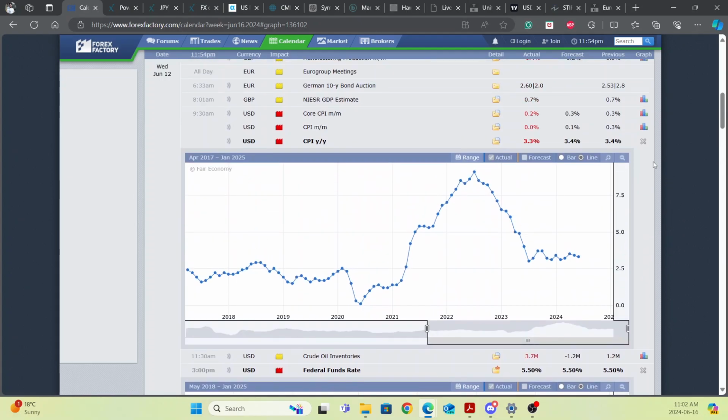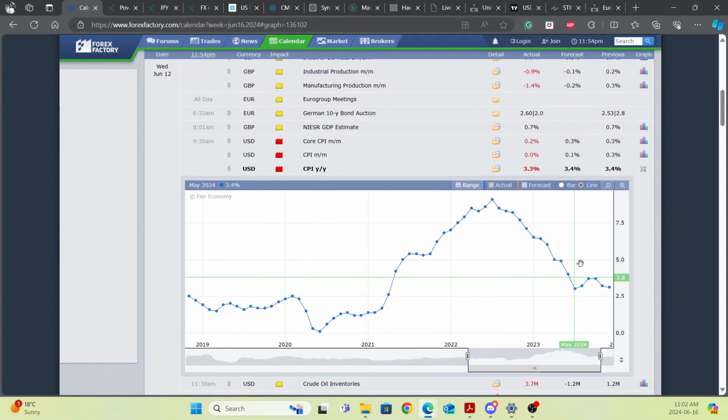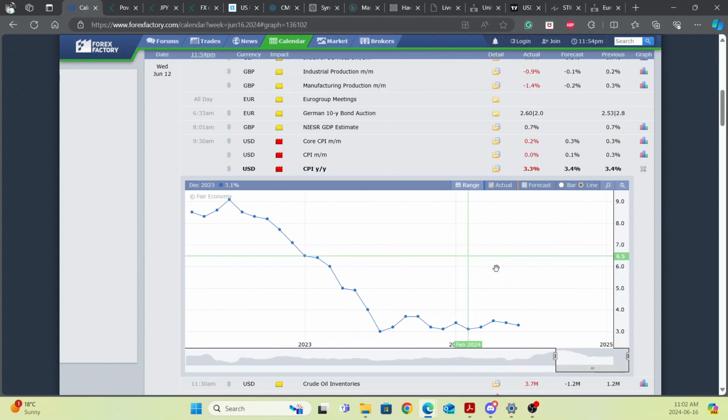However, if we focus on the CPI report, it is coming down, but as you can see, it has got sticky. From July 2023, it was at 2.9%, and then it went to 3.6%, and again 3%.